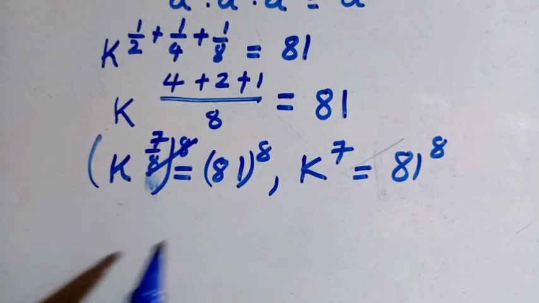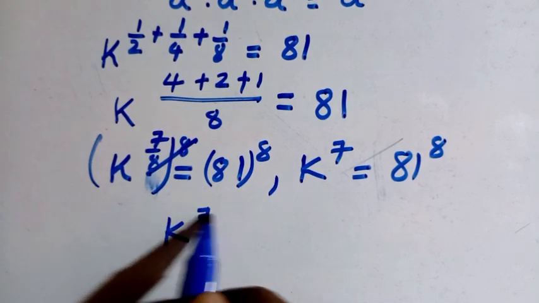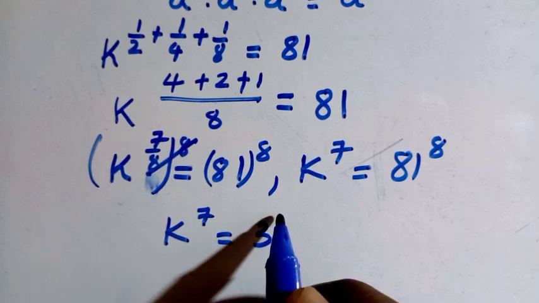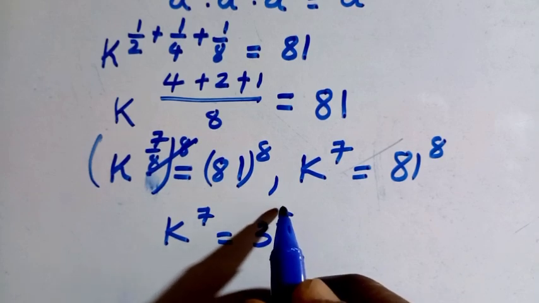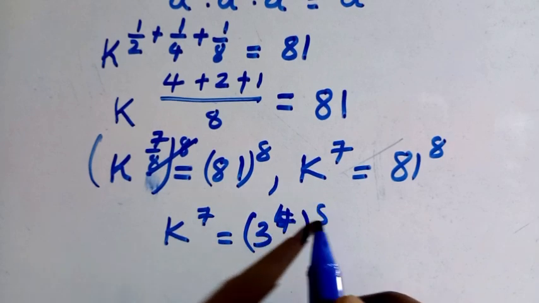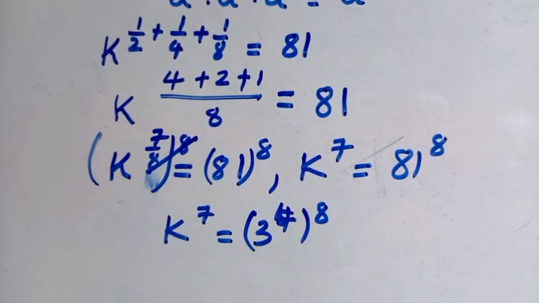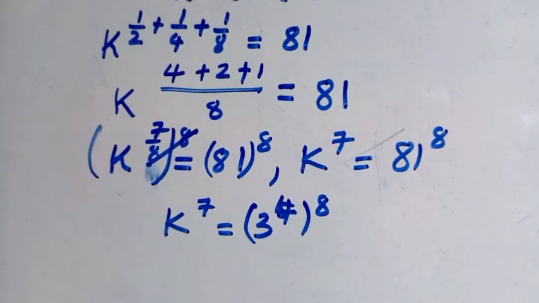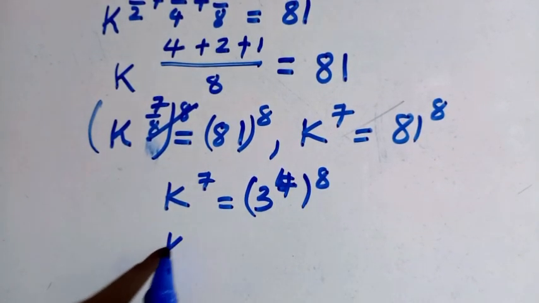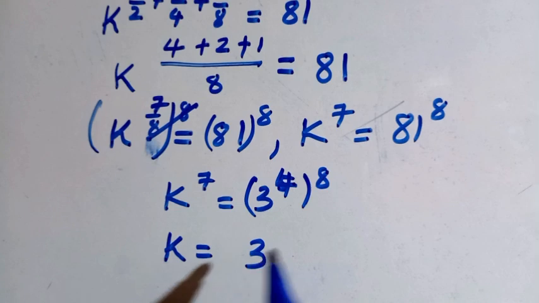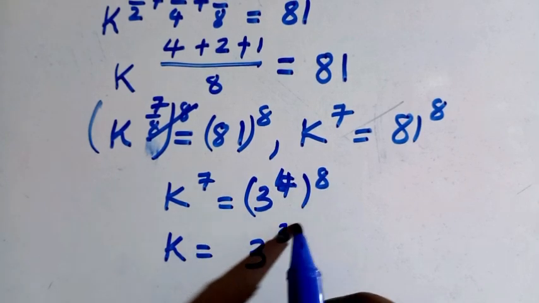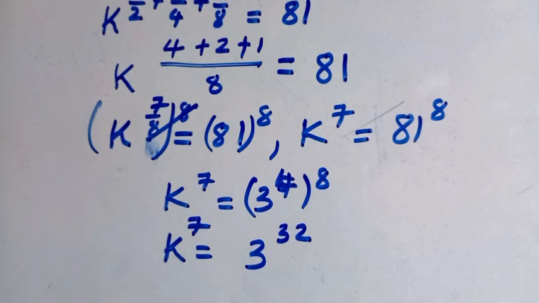We can write 81 as 3 to the power of 4, and all raised to power of 8. From the rule applied above, we multiply 4 and 8 together, so k to the power of 7 equals 3 to the power of 4 times 8, that gives us 32.